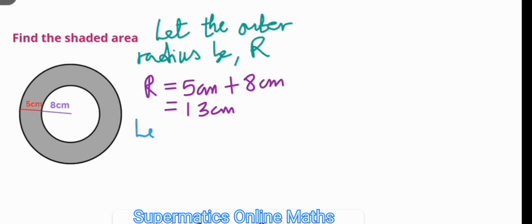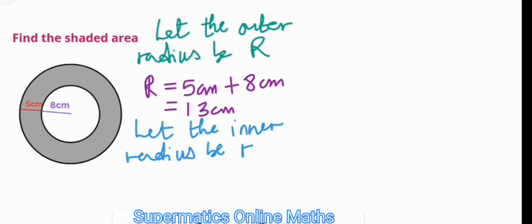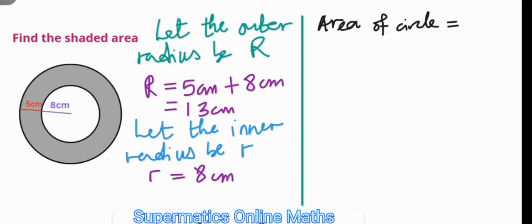Similarly, we let the inner radius, the radius of the inner circle, be lowercase r. This is obviously 8 centimeters. And generally, the area of a circle is pi times the square of the radius.